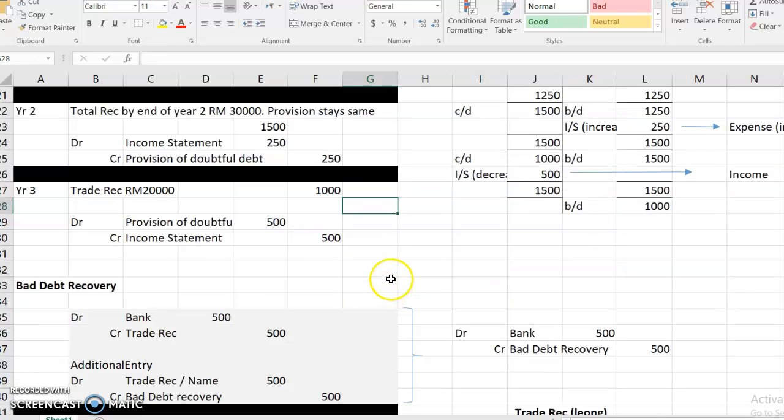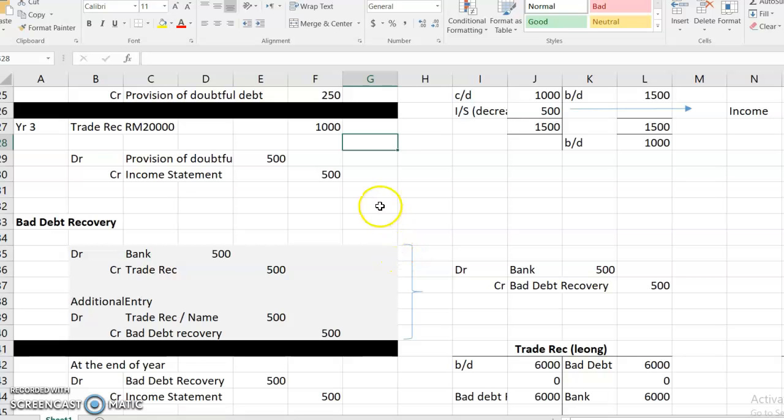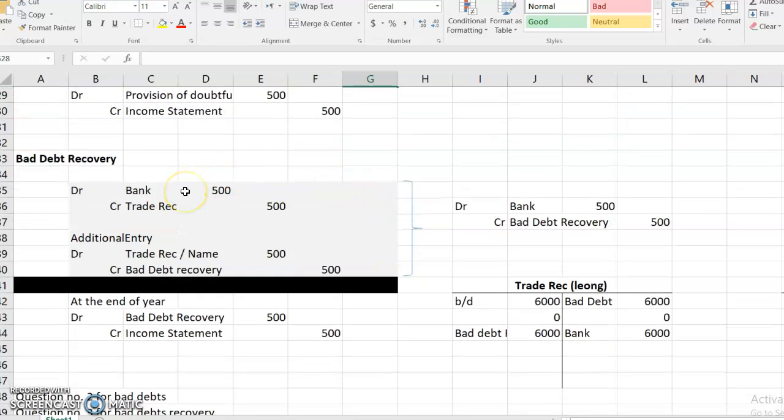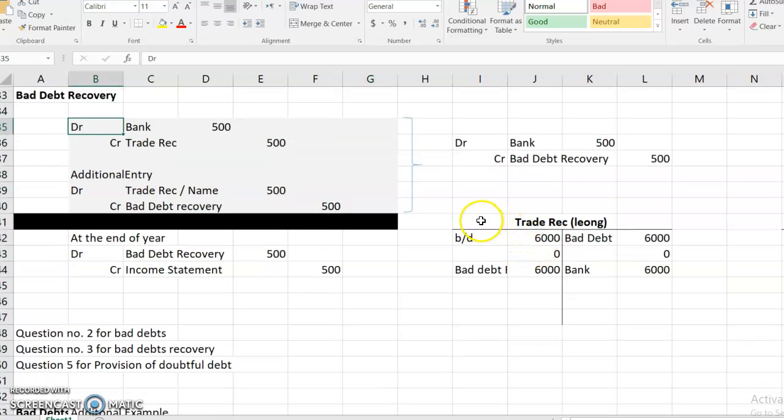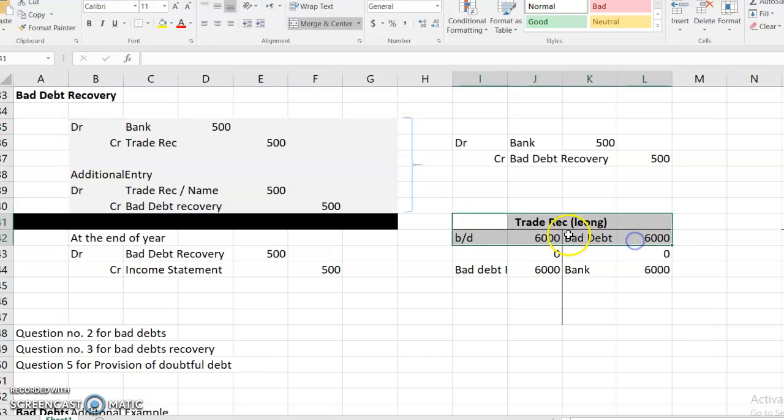Now moving on with bad debts recovery. Bad debts recovery means you thought someone will not pay you, but now they pay you. When you thought someone will not pay you, you had a balance brought down and you credit the amount.